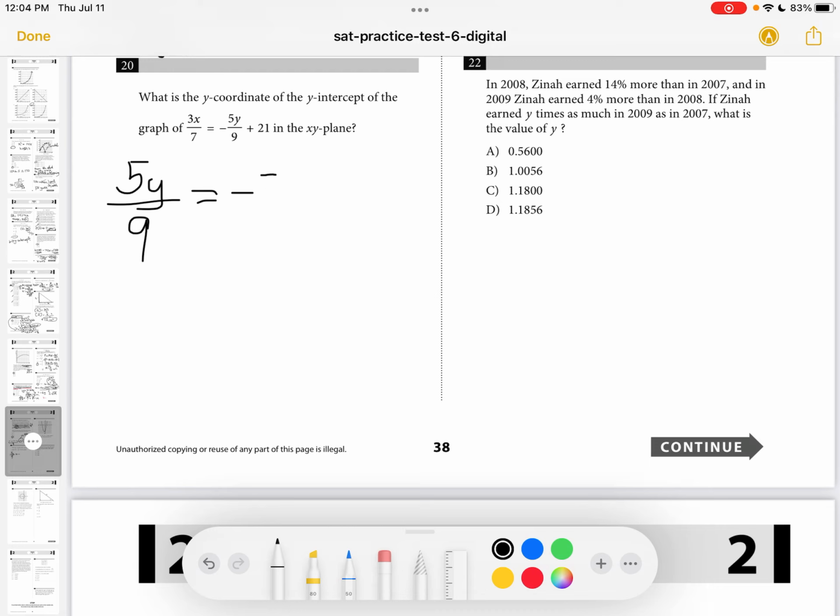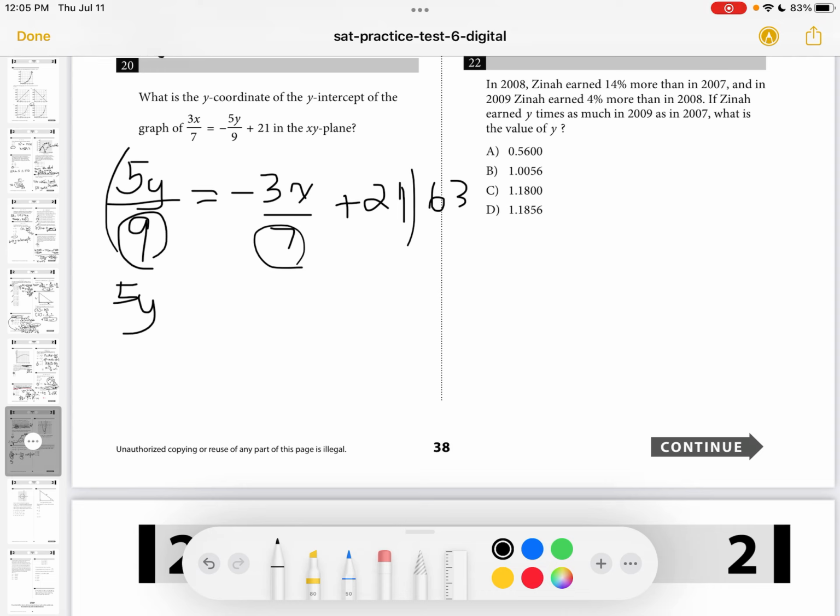So 5y over 9 is equal to negative 3x over 7 plus 21. Now I'm going to multiply everything by the least common denominator of 9 and 7, which is 63.